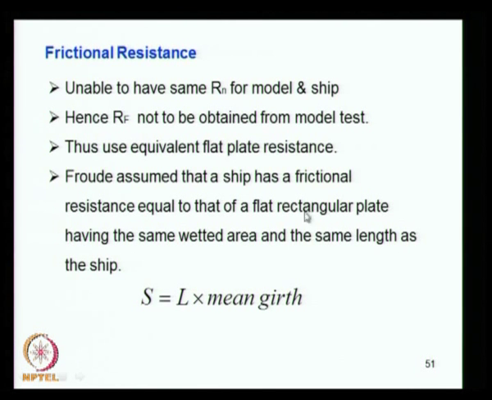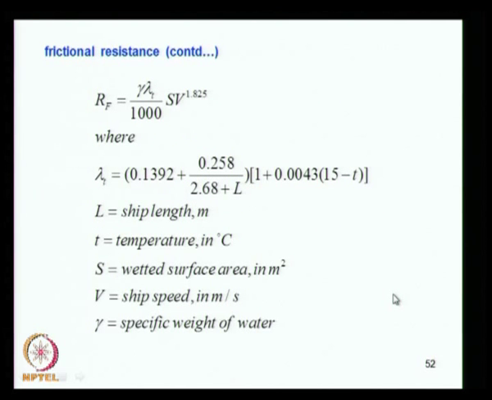In the flat plate experiments carried out by Froude, they assume that the plate has a length equal to that of the ship, and the surface area of the plate is equal to the wetted girth of the ship. That is how the experiments were conducted, and from that the ITTC formula or similar formulas evolved.